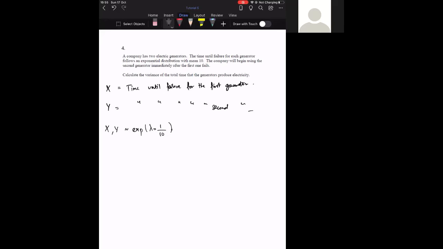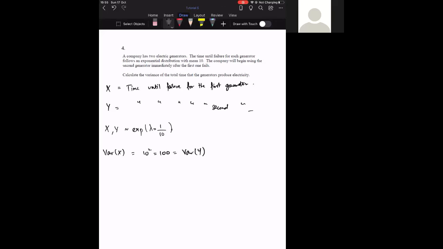What's the variance of X? For an exponential distribution, the variance is always the square of the mean, and the mean is 10. So the variance of X equals 10 squared, which is 100, which is also equal to the variance of Y because they're both exponentially distributed with the same mean.